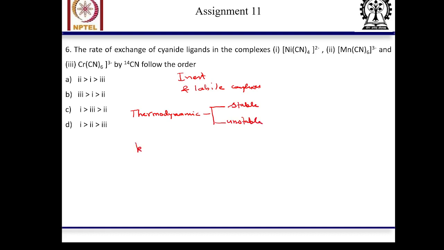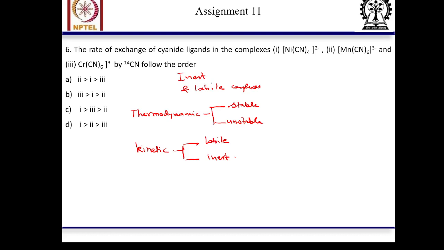Then we have the kinetic term, which is of two types: whether it is labile or inert.